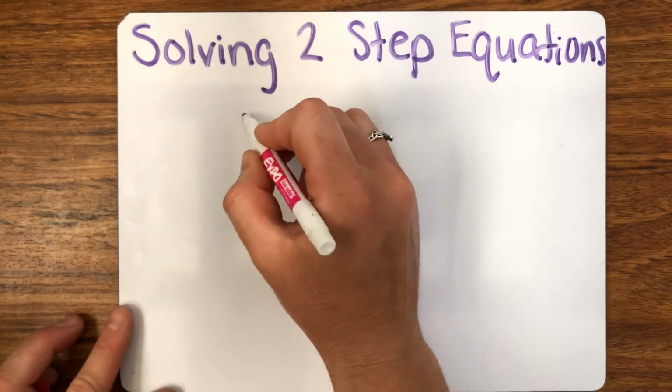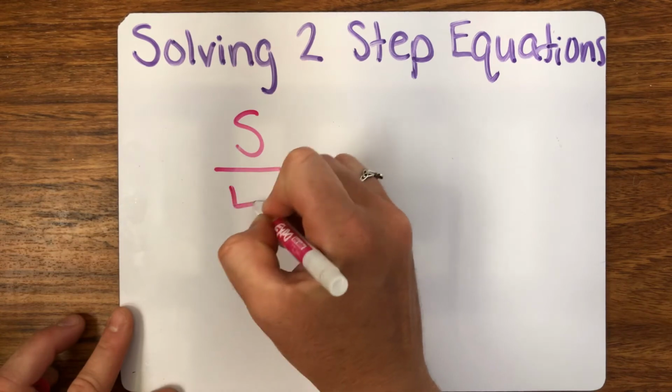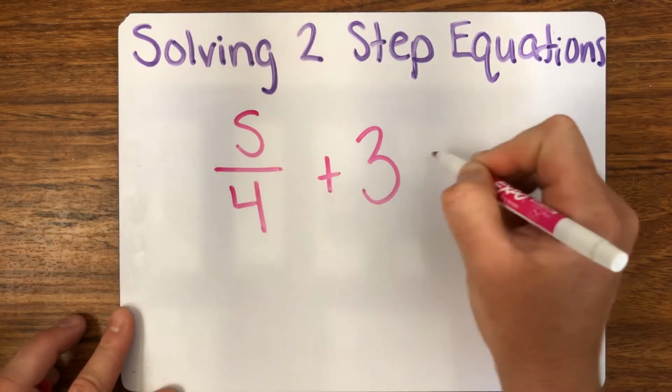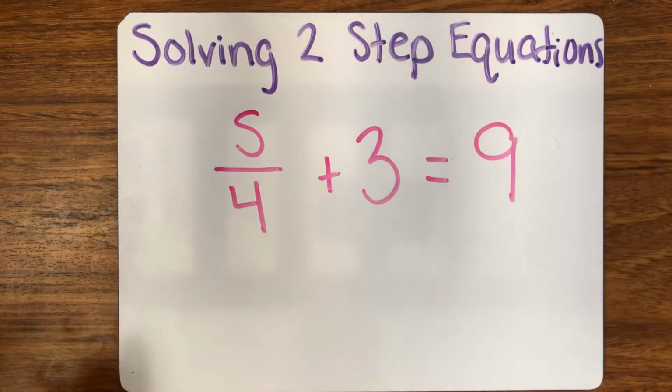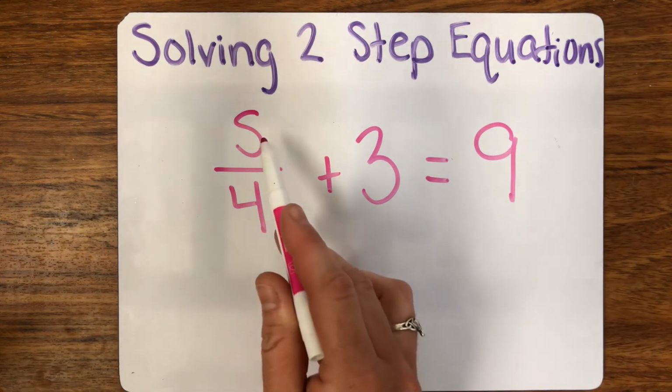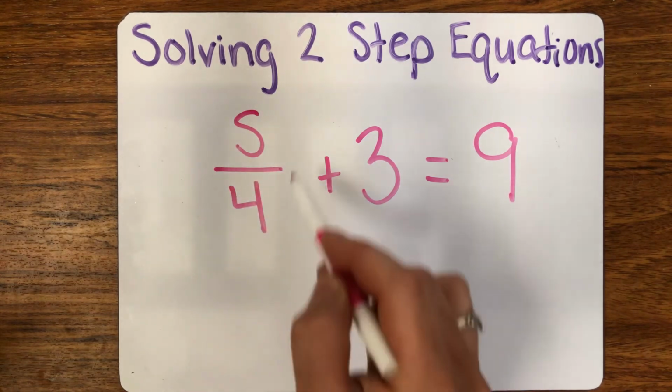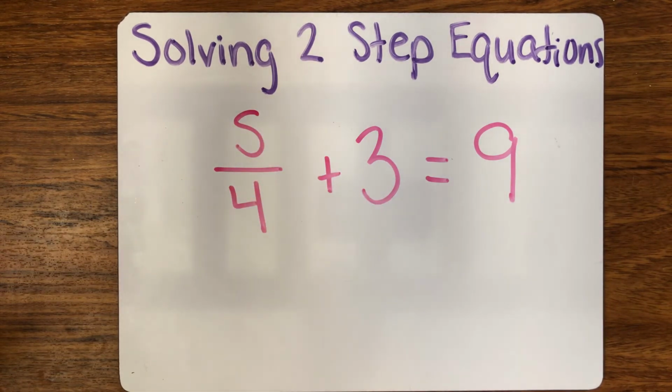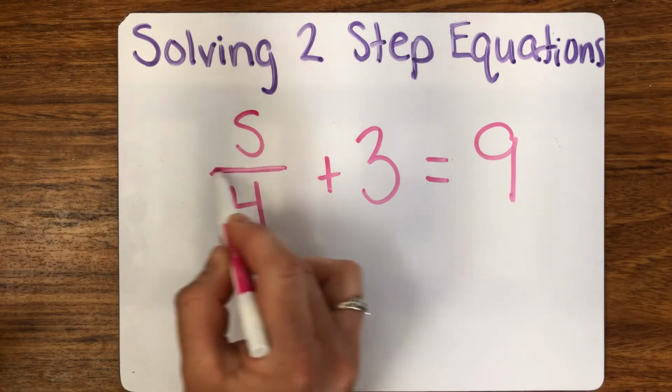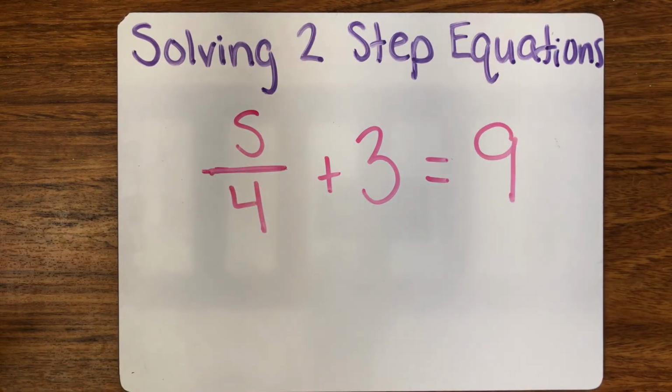So the first one I want to go over is s over 4 plus 3 equals 9. So when we're looking at this, it looks a little different because the variable is part of a fraction. And you may be saying, I have no clue what that means. But remember, this line of the fraction, what does that stand for?